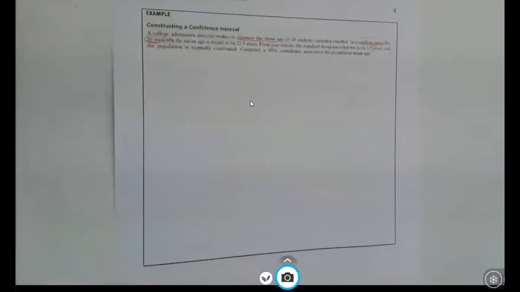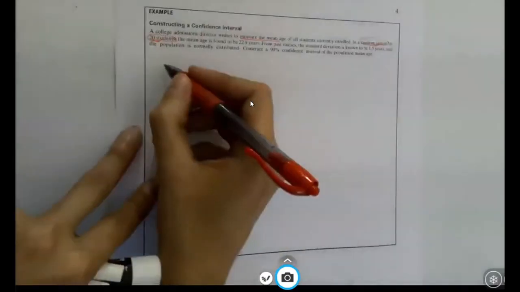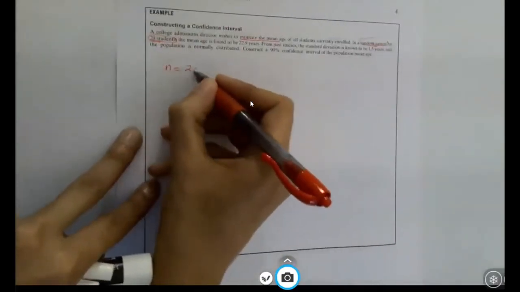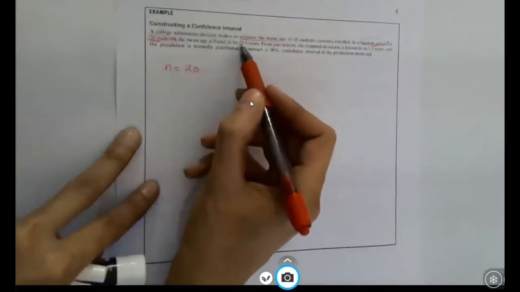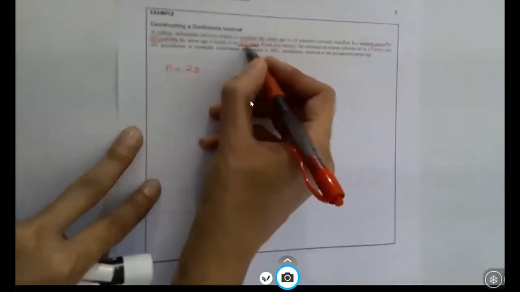So what is this 20? What do you think, everyone? Yes, sir, very good. That's true, it is 20. N, or the sample size, is equal to 20. The mean age is found to be 22.9 years.